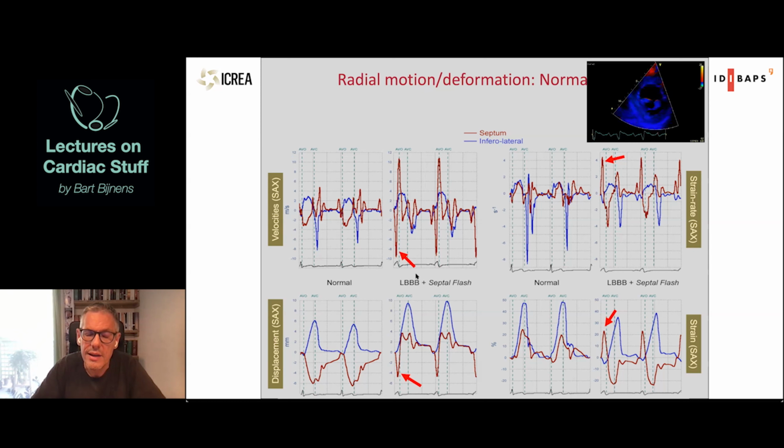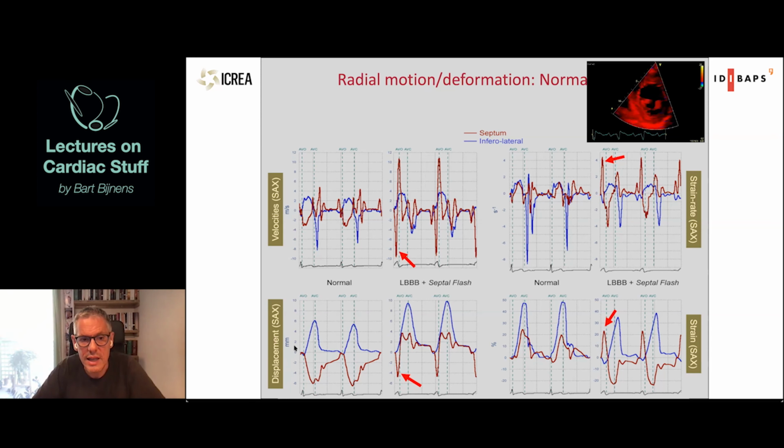But if we have this left bundle branch block, you see really exaggerated velocities, which are now happening within the QRS complex, within the isovolumic contraction phase, instead of within the isovolumic relaxation phase. So you see that the dynamics totally change.